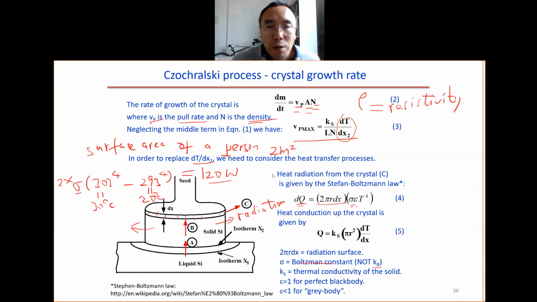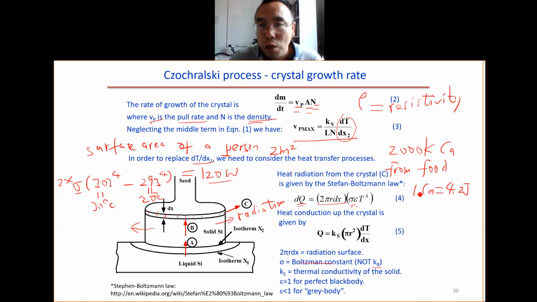We know that in one day a typical person needs 2,000 kilocalories of food. We need this amount of energy from food, right? 1 calorie equals 4.2 joules, so this gives you about 10 to the power 7 joules per day.